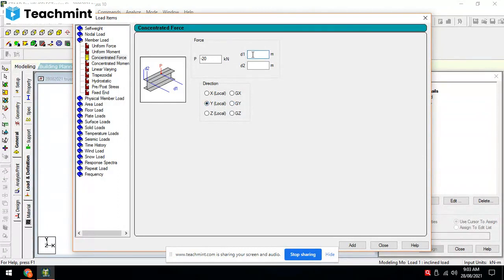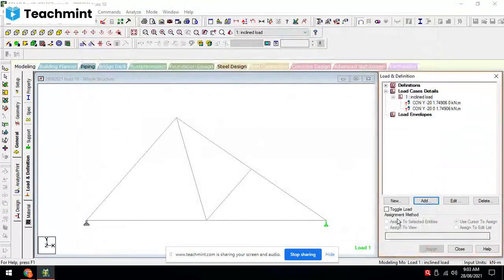So D1 is, suppose, 1.74906 and D2 is 0. So I will add this, and now I will change the dimension, D1 and D2 will be 0. Again Y local, add, close it.